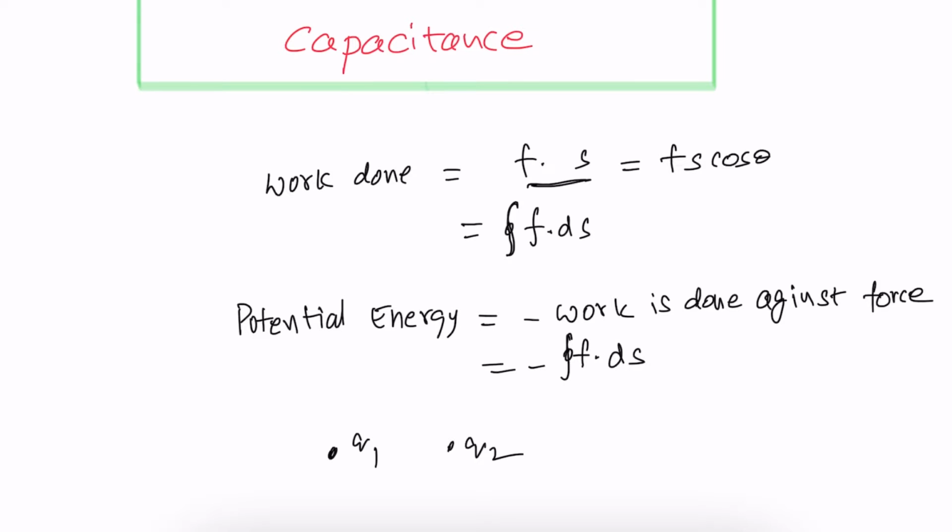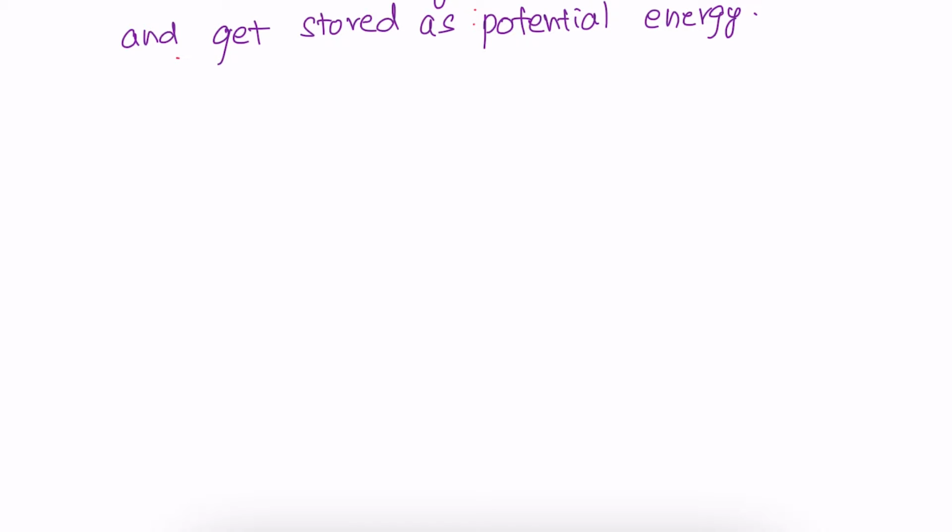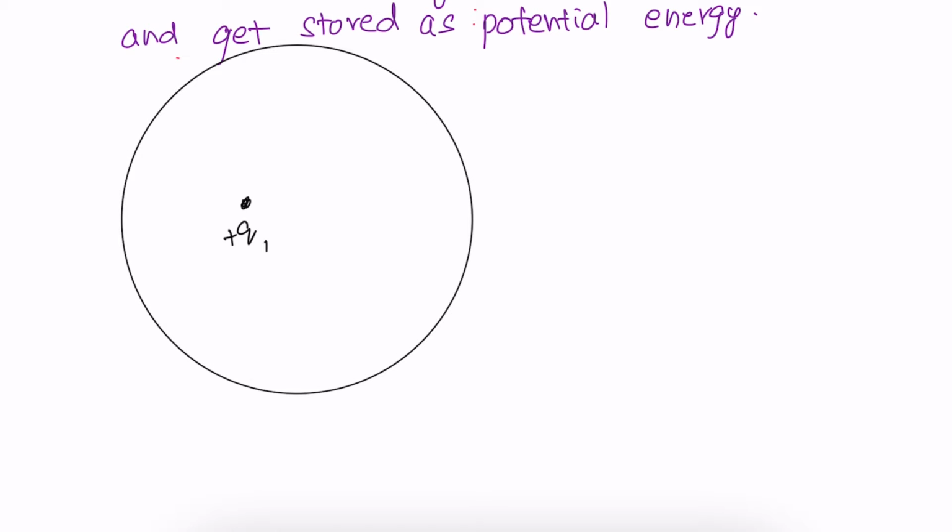For the charges we have electrostatic force. So the work done against electrostatic force gets stored as potential energy. What is the meaning of this? Suppose I take a positive charge Q1. It has an electrostatic field around it.